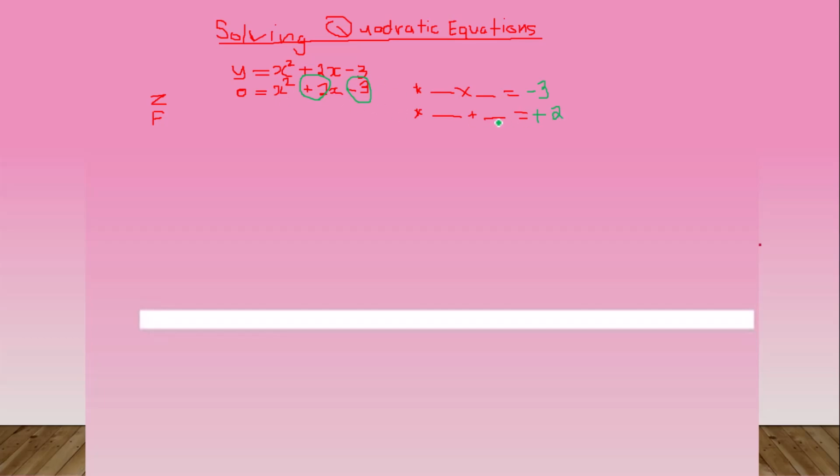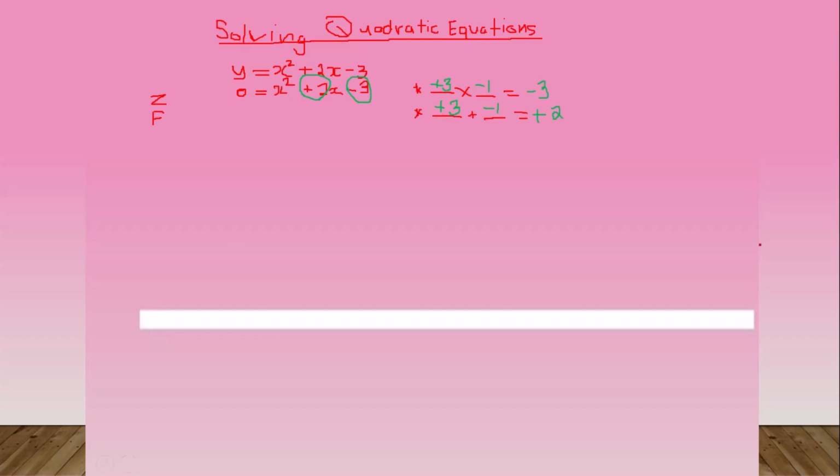If we think about those numbers, the bigger number must be positive, because when they add, the sum takes the sign of the larger number. So the 2 factors of 3 that multiply to give -3 and add to give +2 are +3 and -1.